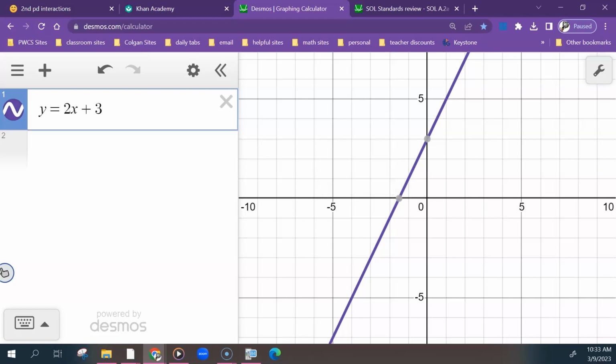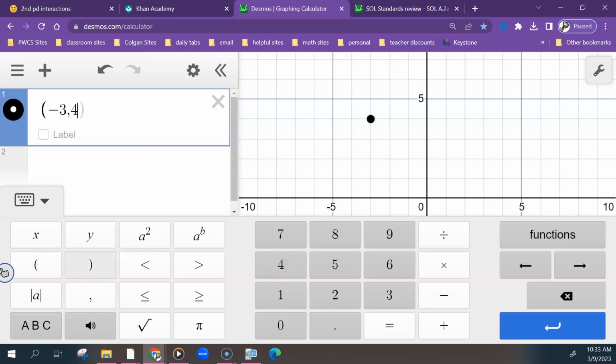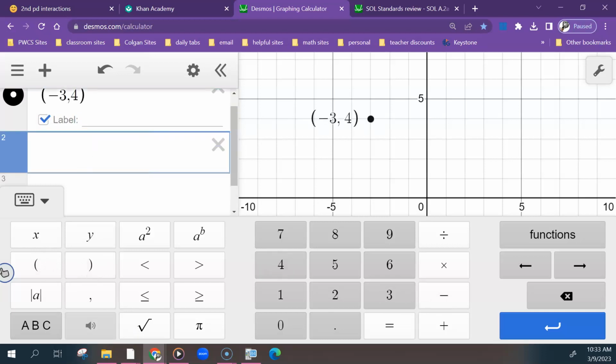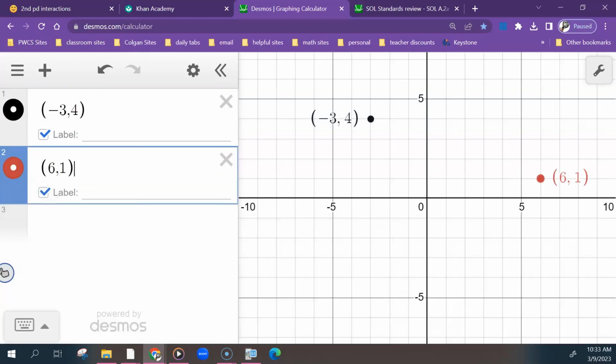And then for number 1, you could use Desmos. If you put in the ordered pairs into separate lines, you could then count your slope on the graph instead of doing it algebraically.